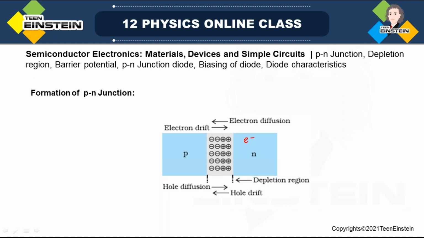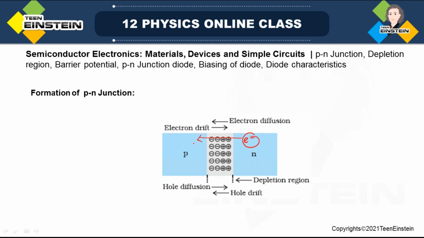When the electrons diffuse to the P side, they leave behind positive donor ions just at the vicinity of the N side.